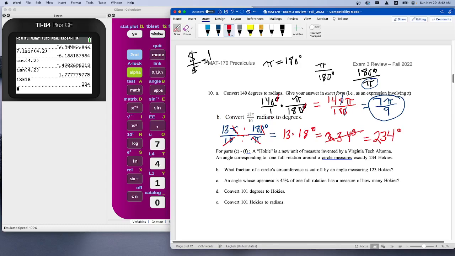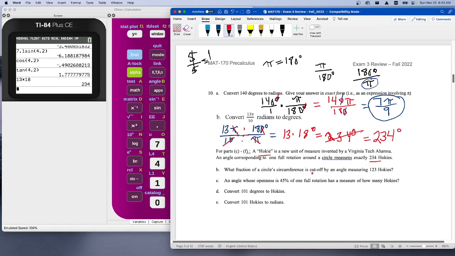Okay, there we go. Now, the second part, they define a new unit of measuring angles called a Hoki. They divided the circle into 234 Hokis. So one circle is 234. One circle is also 2 pi, and it's also 360 degrees.